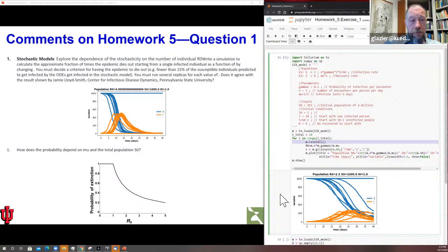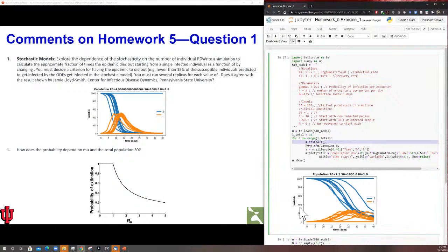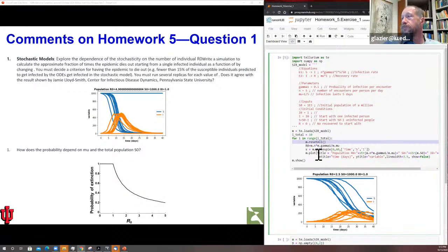My model looks the same as yours, but I'm still getting the two horizontal lines for S and I in all my graphs. Huh. Okay. Let's see. What's the time range you're running over? 0 to 40.